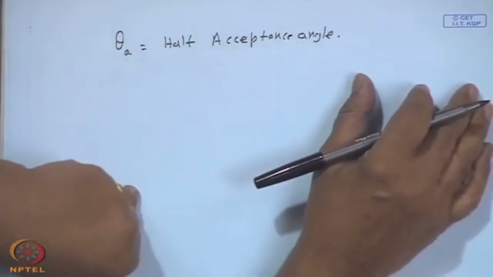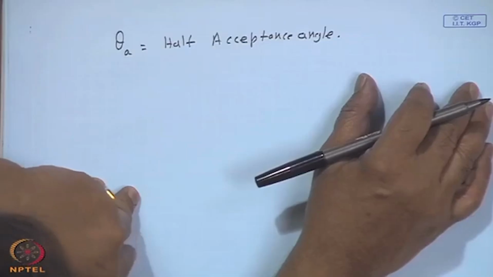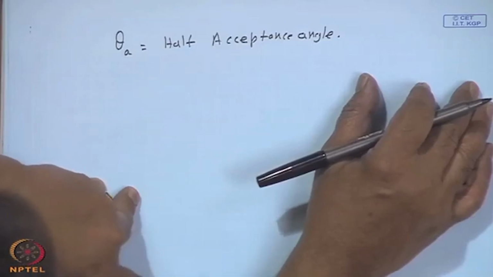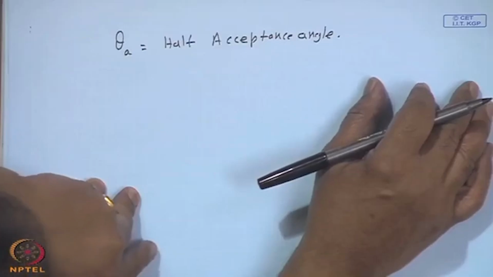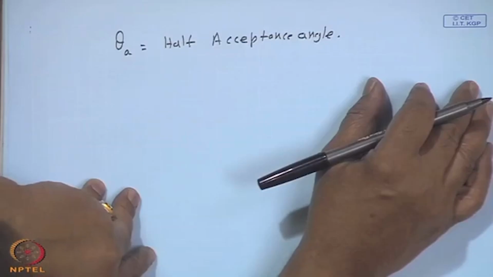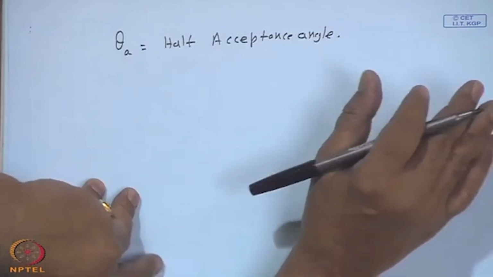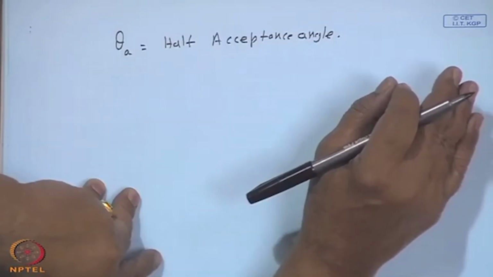It is called the acceptance angle. Any radiation, solar radiation coming beyond theta A shall not be reflected from parabola 1 to parabola 2 or parabola 2 to parabola 1. In other words, only those angles that are within 2 theta A shall be accepted by the concentrating collector and will reach eventually whatever is the focal point B or C, as the case may be.